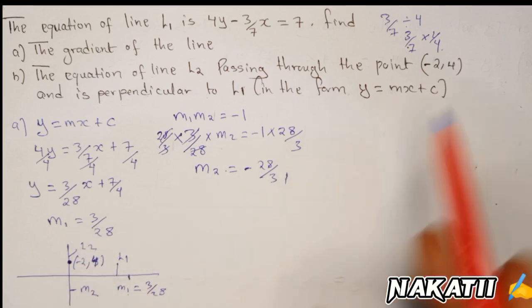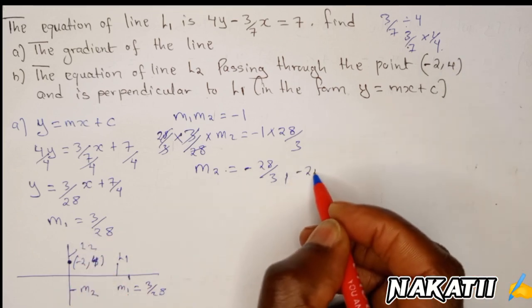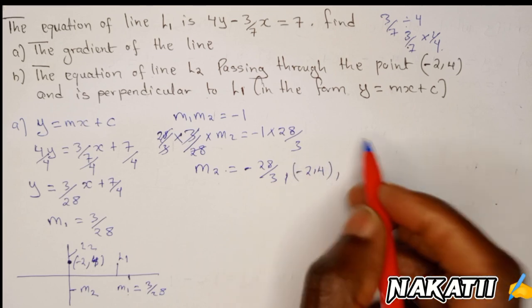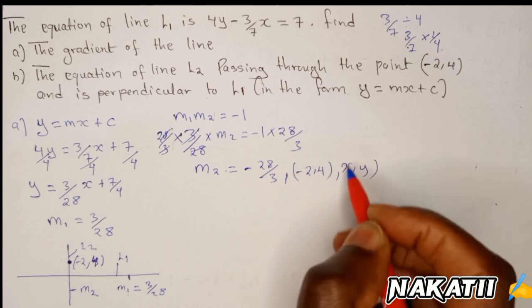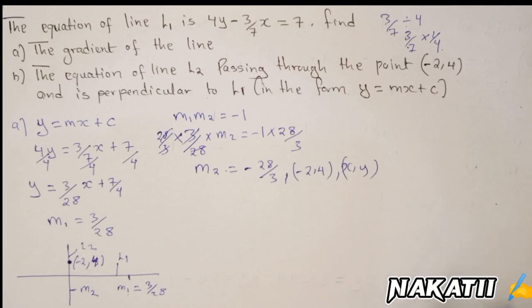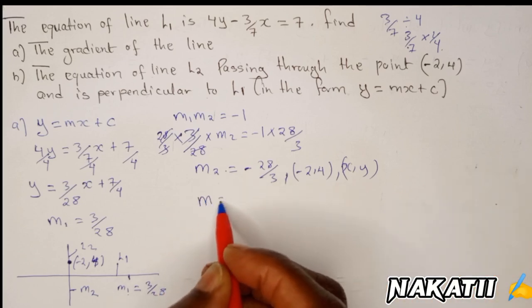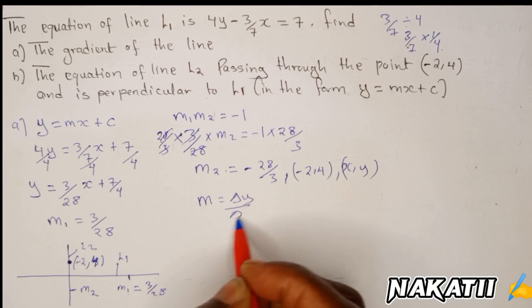So after getting the gradient of L2, we have a point that L2 passes through, which is negative 2, 4, and then you choose an arbitrary point x, y. So these 3 will help us to get the equation of L2. Gradient is change in y over change in x.